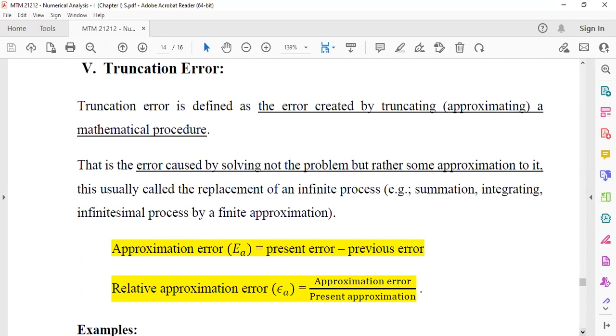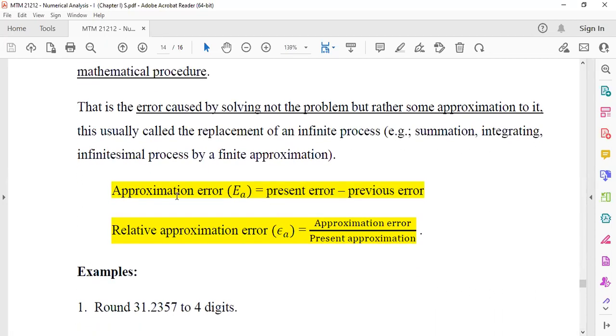So this is a formula. Approximation error is equal to present approximation minus previous approximation. That's how we are approximating. We'll see the example. Then relative means this error divided by the present approximation. Keep that in your mind. Earlier we said absolute means x minus x star, where x is our actual value, and relative means this delta divided by that x.